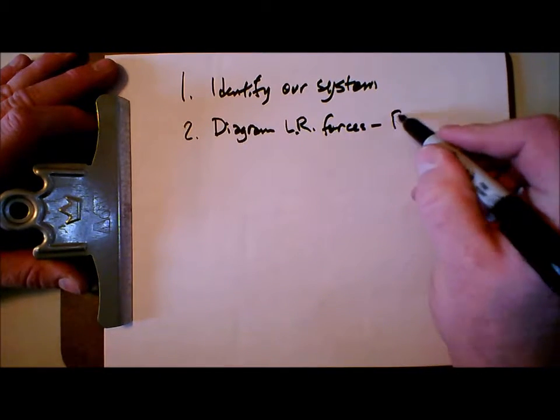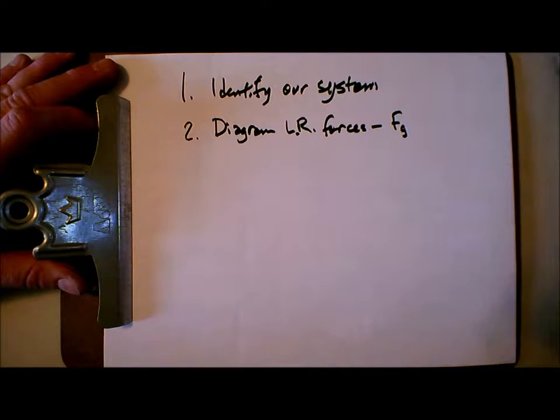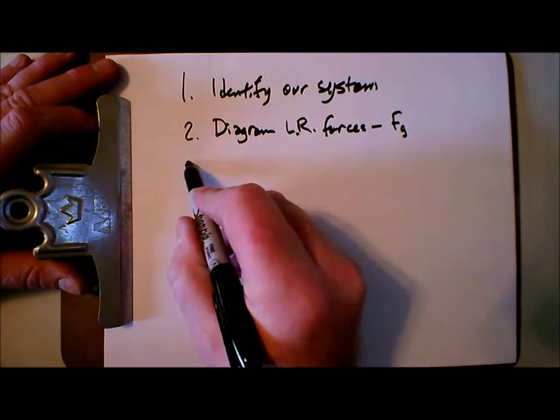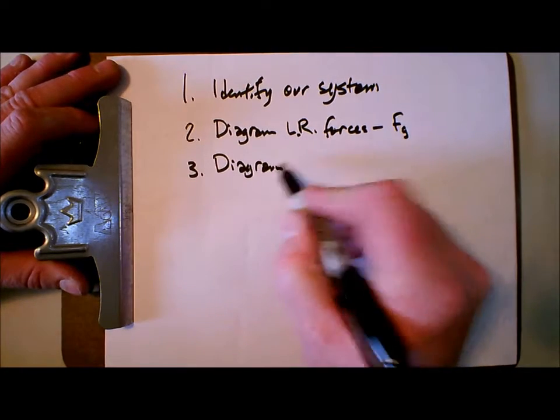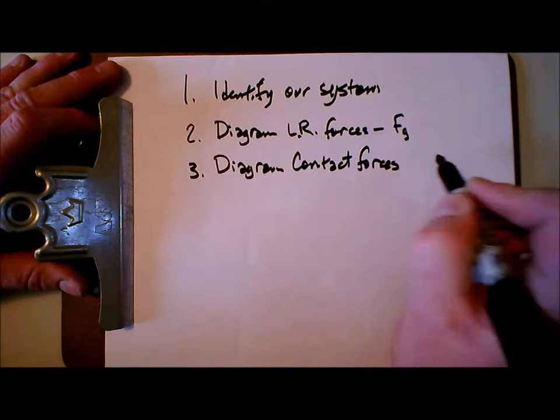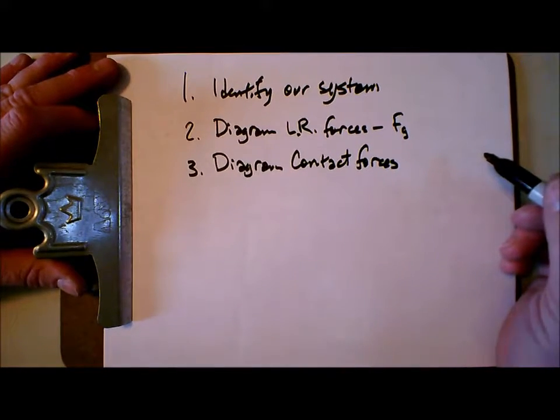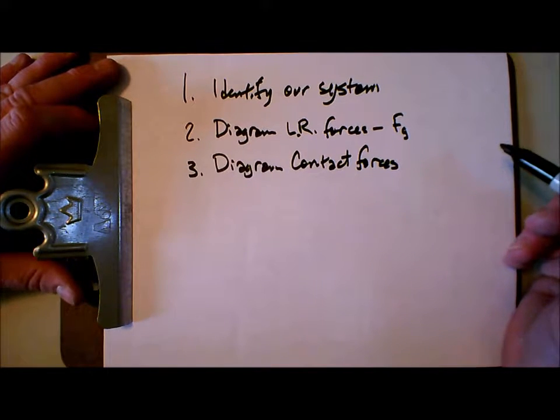Really, again, we're just talking about gravity here. We'll use F sub g, F for force and g for the specific force, the force of gravity in this case. And then third, we're going to diagram contact forces. And remember, for contact forces, there has to be something touching our object that is exerting that force.